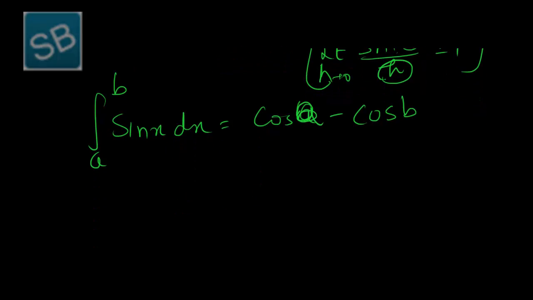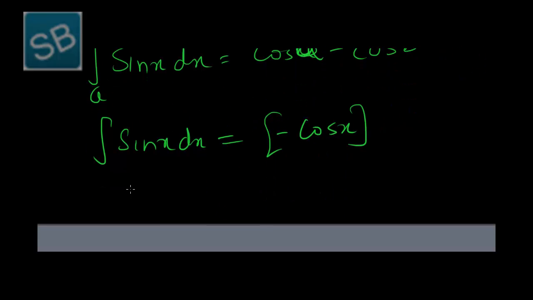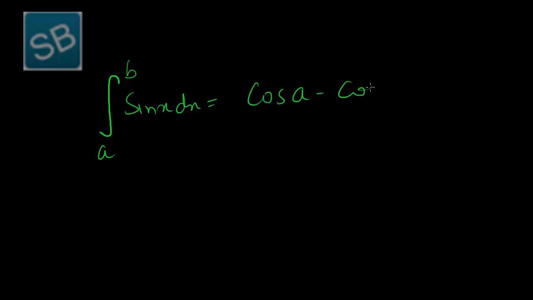Now from the above example, if we see simple integration of sin x dx is minus cos x. So what is going to happen when we have a limit, that is a to b sin x dx? Then we have the result cos a minus cos b, and either we get the result minus cos x.